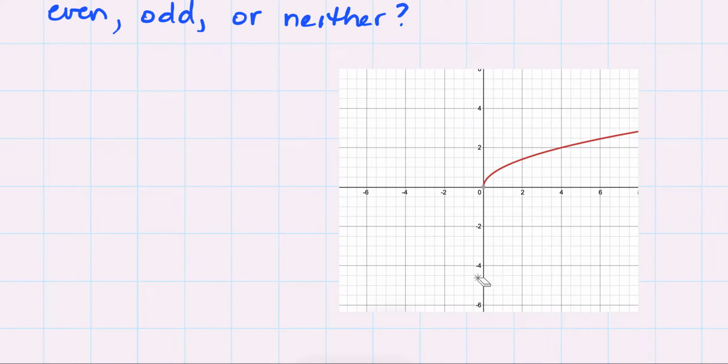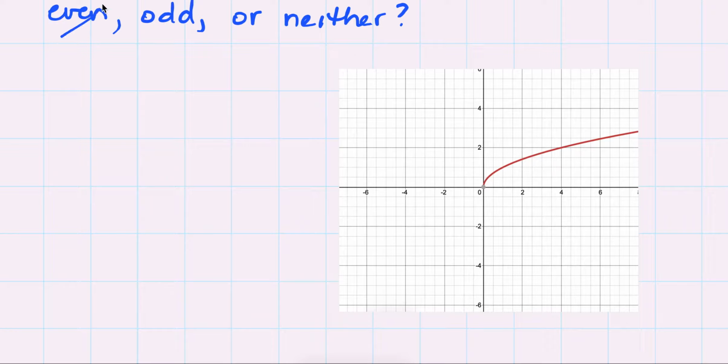Now, looking at this graph, remember that a function is even if its graph is symmetric with respect to the y-axis. This graph is not symmetric with respect to the y-axis because there's nothing over here. For it to be symmetric with respect to the y-axis, this has to have a mirror image on this side, and we don't have that.